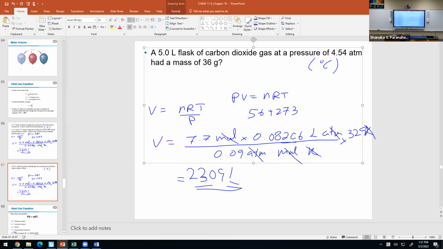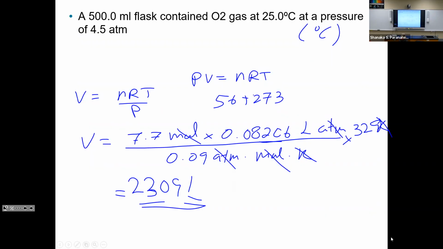Okay, so a 500 milliliter flask contains oxygen gas at 25 Celsius at a pressure of 4.5 atm. What is the density?